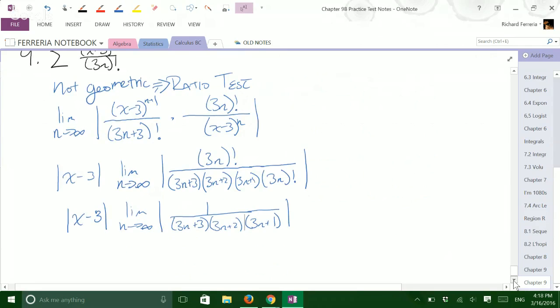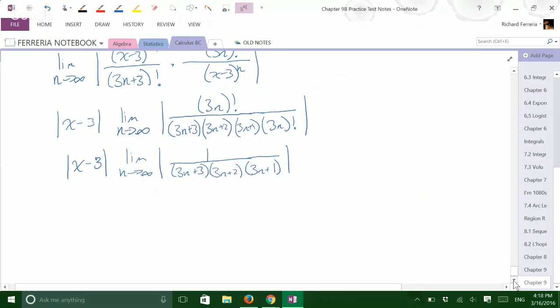Wait, why would you keep the factorial if you expanded out the 3n plus 3 factorial? Well, this still is the integer in front of 3n, and the integer before that, and the integer before that. So there's a whole bunch of integers being multiplied that we don't want to write exactly. So then why would you keep the factorial sign at the end of the 3n? Because there's still a 3n factorial there. It's 3n plus 3, times the integer before that, and the integer before that, keep on going.